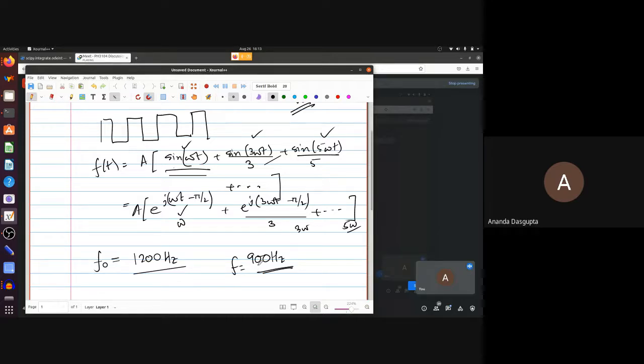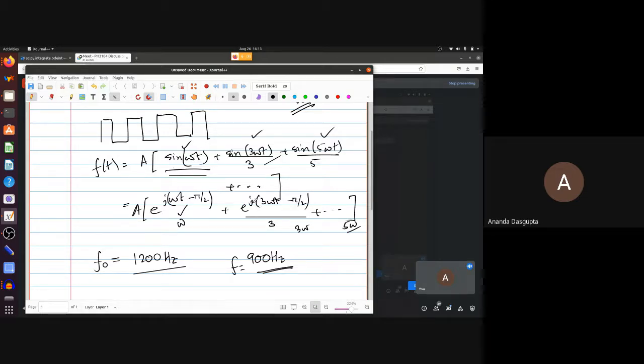Now if the square wave has a frequency of 900 hertz, then it actually has 900 hertz in it. It also has 2700 hertz in it, also has 4500. In fact, all odd multiples of 900 hertz in it. Now, each and every one of these frequencies which make up your square wave, they are actually all rather far away from your 1200 hertz peak frequency. As a result, the overall output is going to be very small.